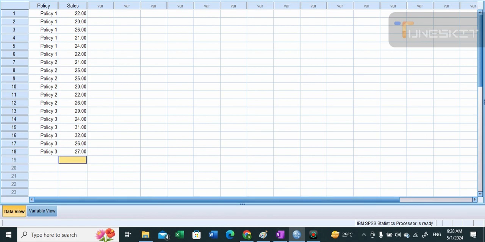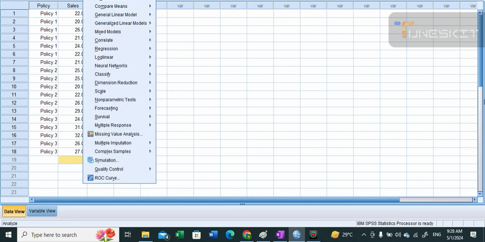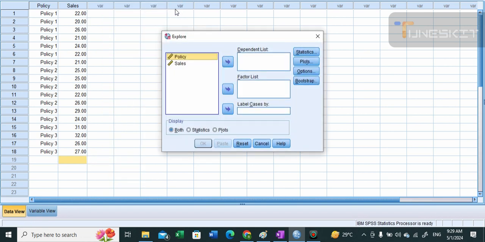First of all, as usual, we go for exploring the variable, and initially we can develop an opinion about the difference for the entire population in terms of mean sales. If there is a significant difference between the mean sales on the basis of the three different advertising policies being followed by 18 different stores, we need to first get this idea on the basis of exploring the sample data.